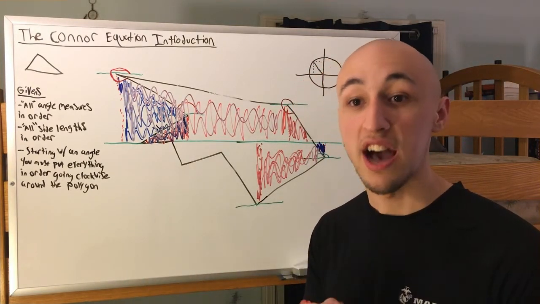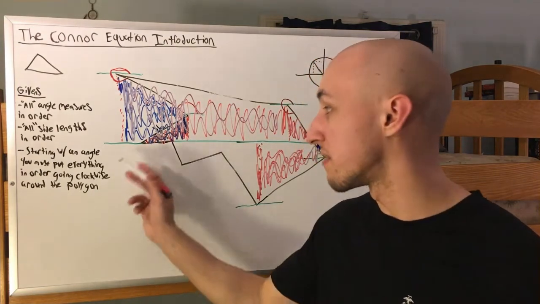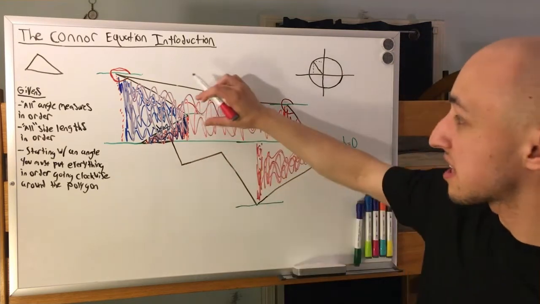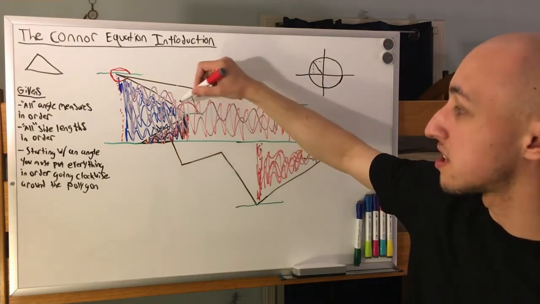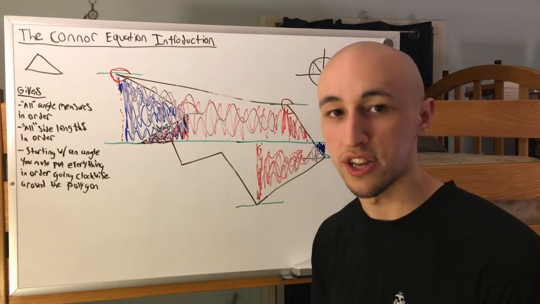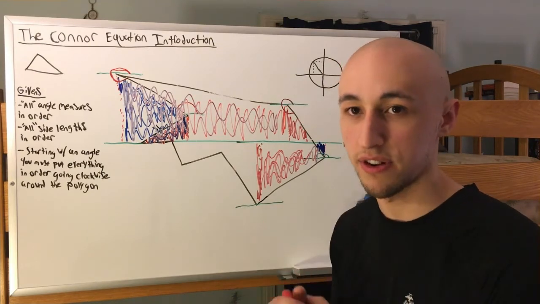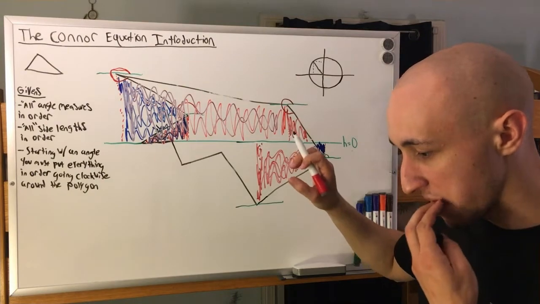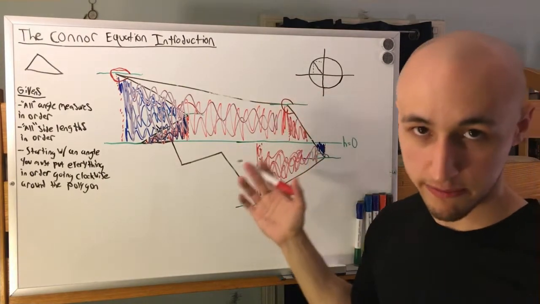We'd call this a convex angle. And this angle right here, the interior is above 180. We'd call that concave. Having one concave angle would make this a concave polygon.